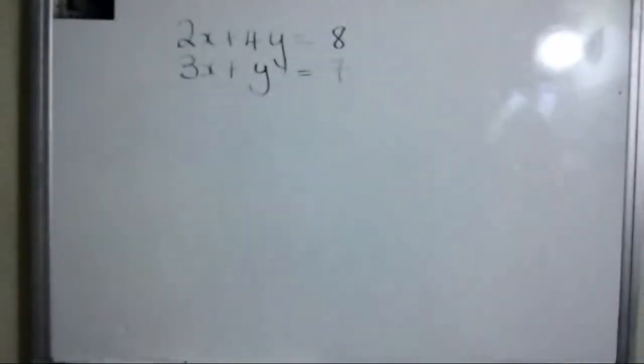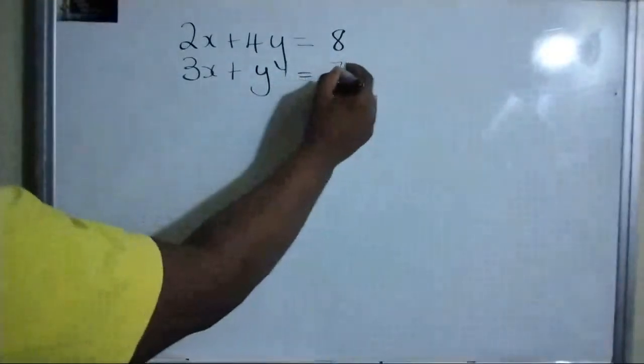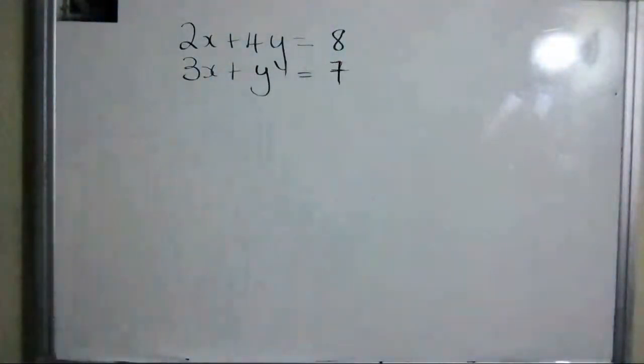Try out that one. 2x plus 4y equals 8 and 3x plus y equals 7. Go ahead and try that one, guys. I'm going to give you guys 4 minutes. These are worth 4 marks in CSEC. So 4 minutes, 1 minute per mark. Let's go.